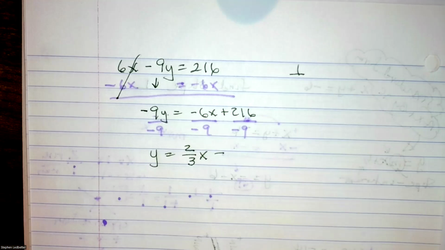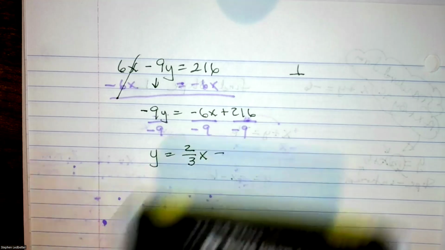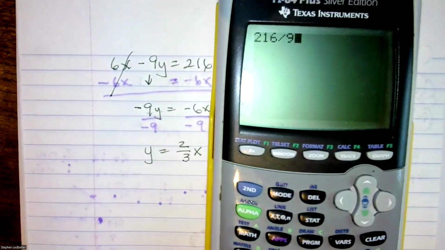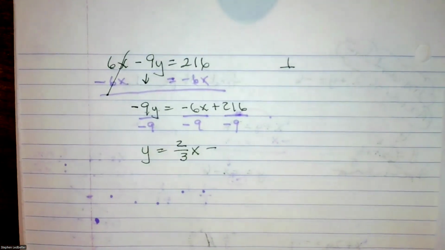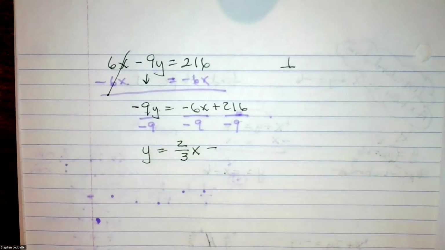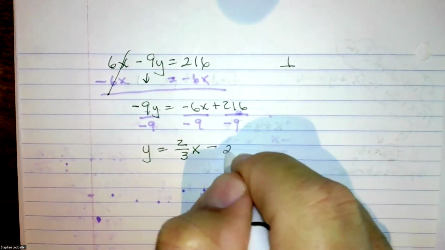Next, okay, 216. I'm checking to see if it goes into it evenly. So I'm taking 216 divided by 9. So all I'm doing is taking my calculator, do 216 divided by 9, hit equal, and we see it's 24. So it does come out even. So that's good. So we know this is 24.